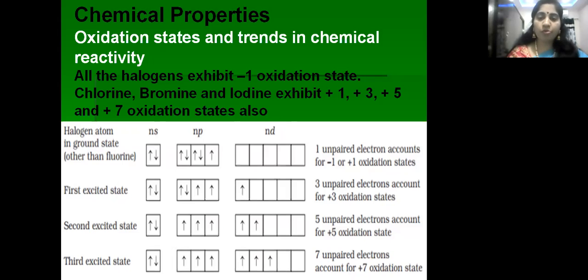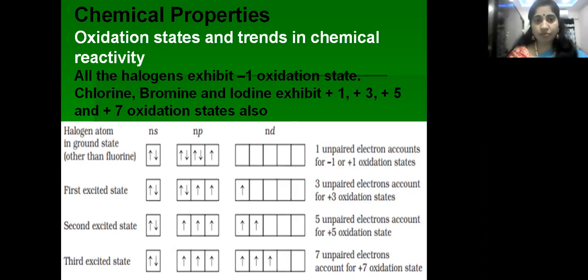Whereas chlorine, bromine and iodine can also exhibit +1, +3, +5 and +7 oxidation states. Why are chlorine, bromine, iodine exhibiting even +1, +3, +5 and +7 along with -1? Because they have d orbital, whereas fluorine does not have d orbital, because the second shell is the outer shell. In the second shell only s orbital and p orbital exist, so there is no d orbital.